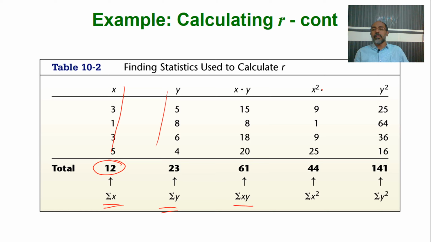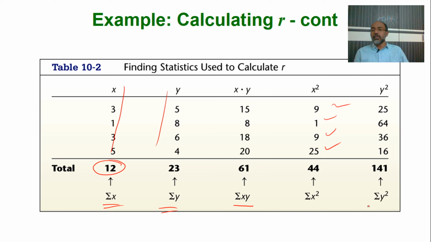Then coming to x square, x is what? 3 3s are 9, 1 1s are 1, 3 3s are 9, 5 5s are 25, right? In the same way for y also, y square: 5 into 5 is 25, 8 into 8 is 64, 6 into 6 is 36, 4 into 4 is 16.